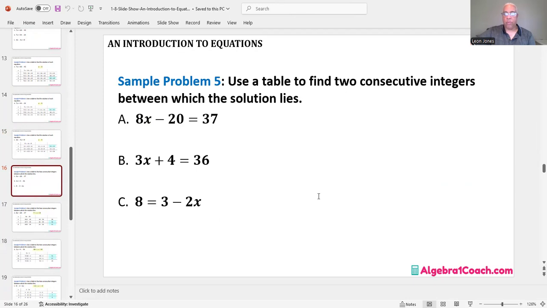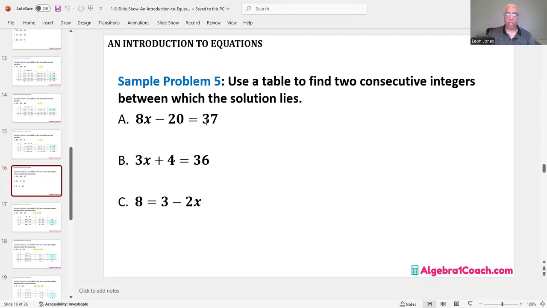Use the table to find 2 consecutive integers between which the solution lies. Well, I'm just going to go ahead and solve everything. I'm just going to add 20 to both sides, and I'm going to get 8x equals 57. And generally, what is close to 57? It's going to be 6. It's going to actually be 7.